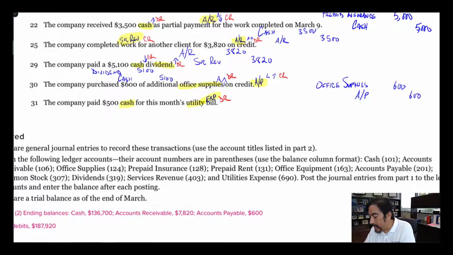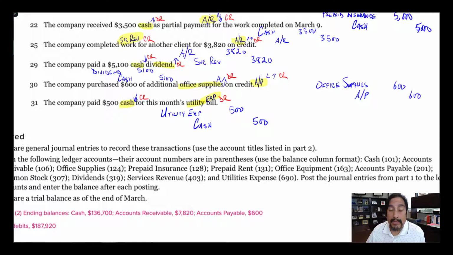And cash, we paid cash, so that means our cash went down. When cash goes down, that's a credit. So our journal entry is a debit to utility expense for $500 and a credit to cash for $500.